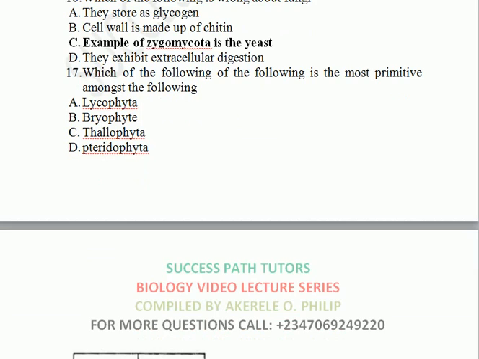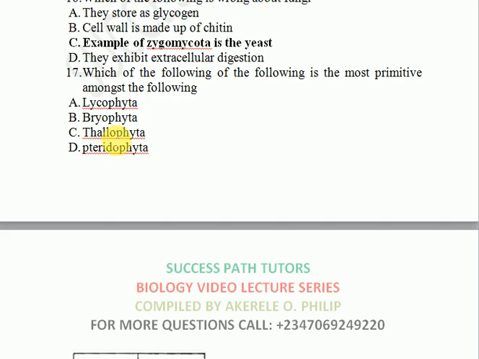Which of the following is the most primitive amongst the following? If I want to arrange this in hierarchy from the most complex to the simplest, it's going to be pteridophyta, leucophyta, bryophyta, then thallophyta.